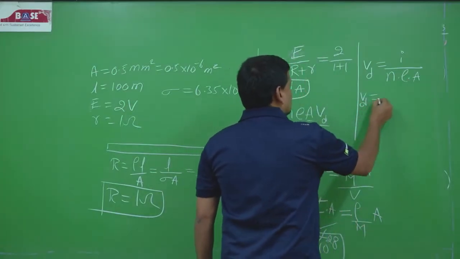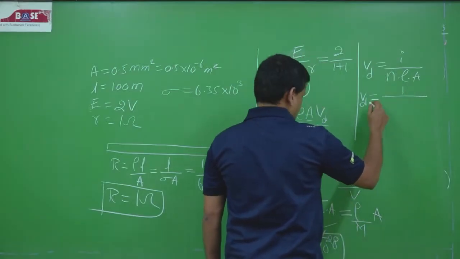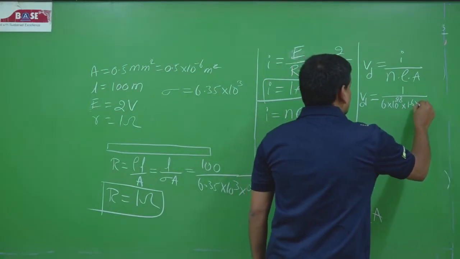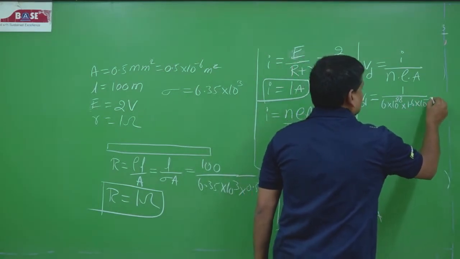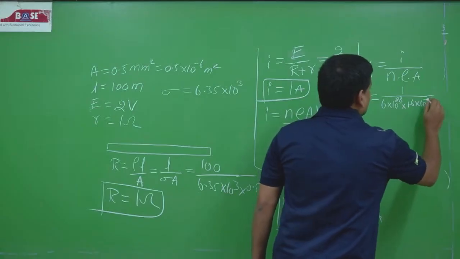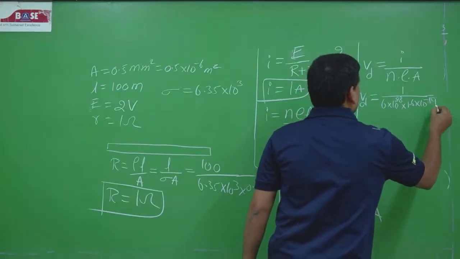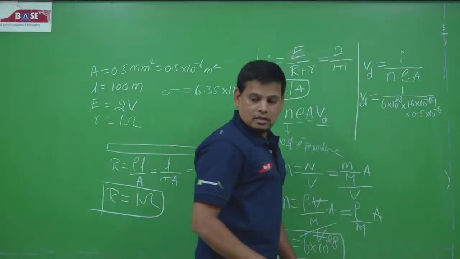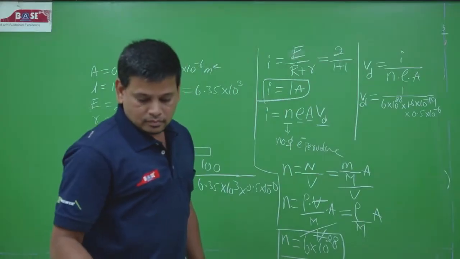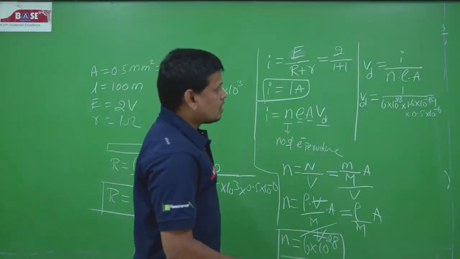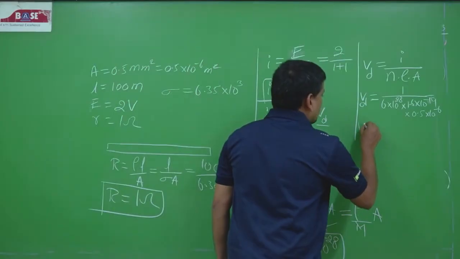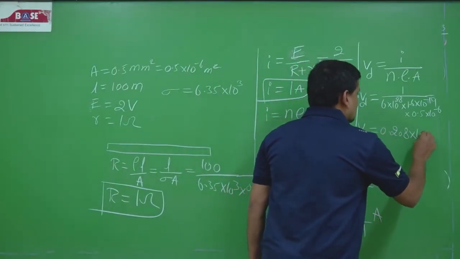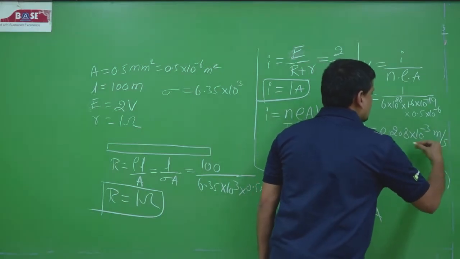If I substitute all the values, the current is 1 ampere divided by number density 6 times 10 raised to 28, charge of electron 1.6 times 10 raised to minus 19, and cross-section area 0.5 times 10 raised to minus 6. What does it add up to? The drift velocity adds up to approximately 0.208 times 10 raised to minus 3 meter per second.